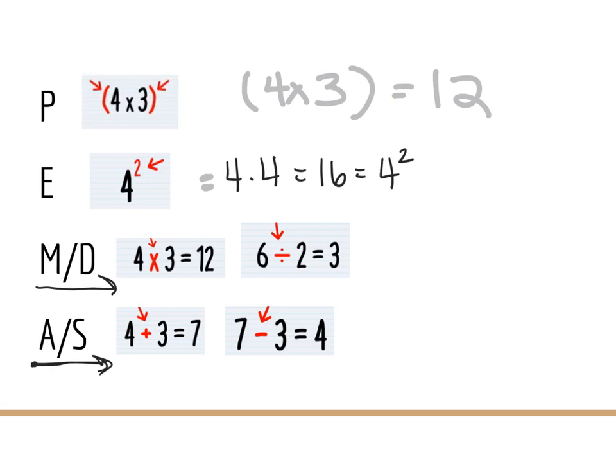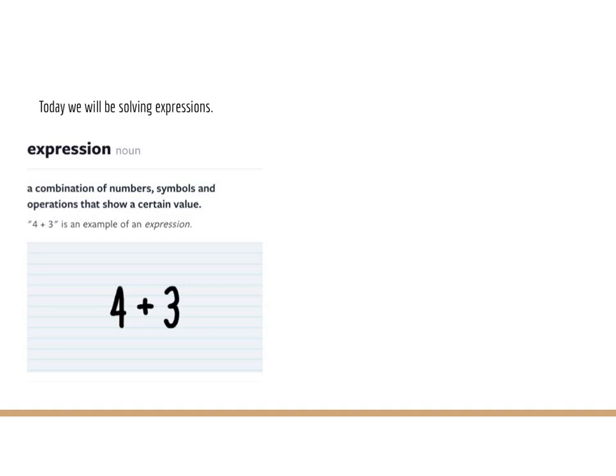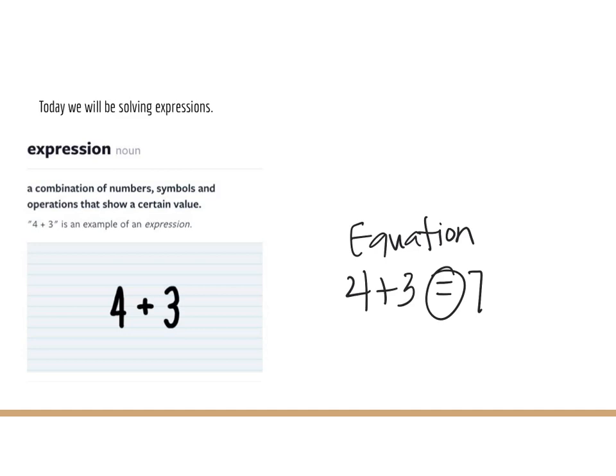All right. Today we're going to be solving expressions, and remember, an expression is a combination of numbers without an equal sign. So if it was 4 plus 3 equals 7, that would be an equation. Since there is no equal sign saying it's equal to something, it's an expression.